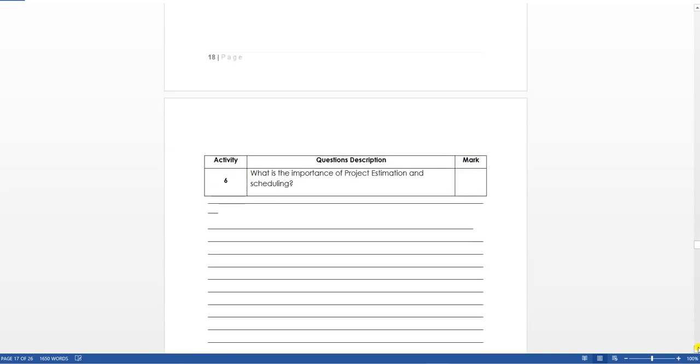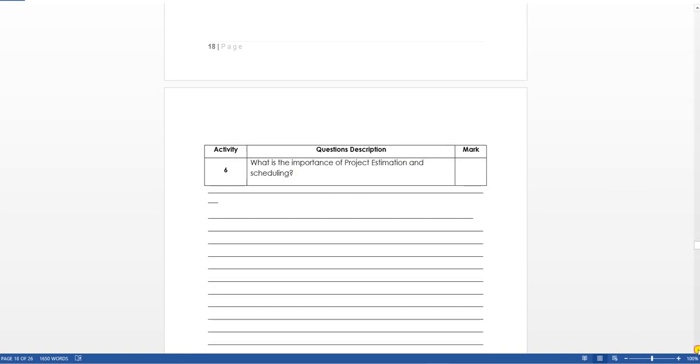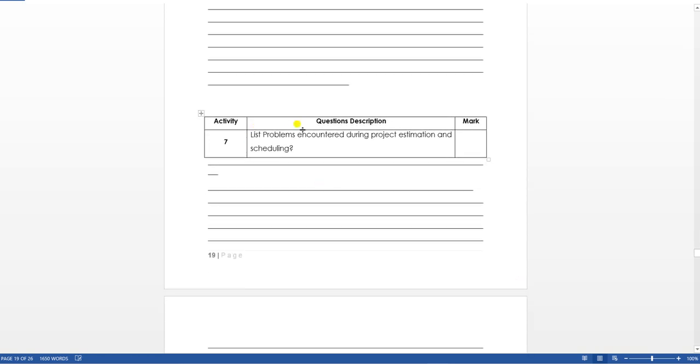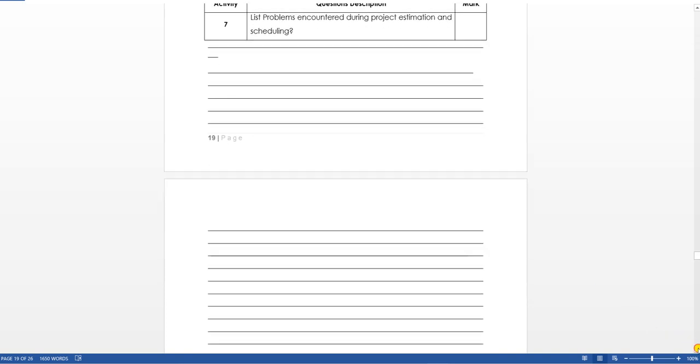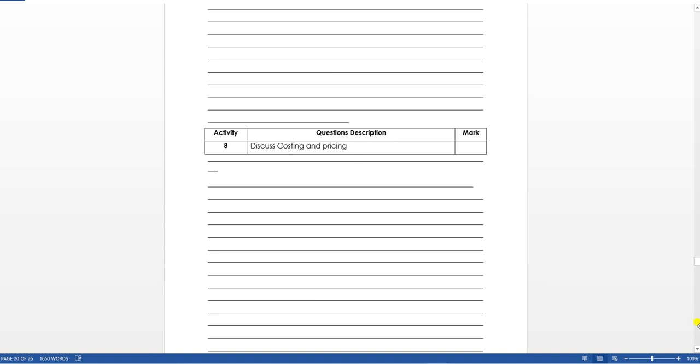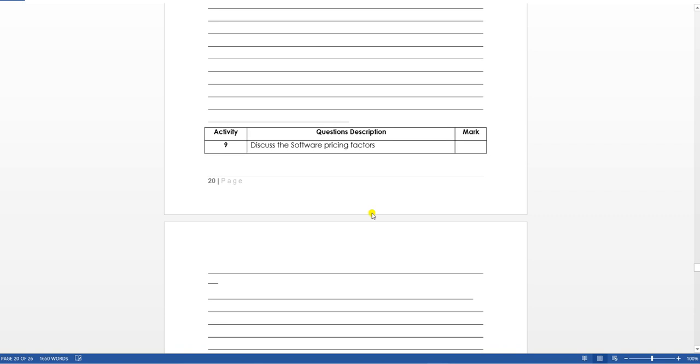And activity 6, what is the importance of project estimation and scheduling? And activity 7, you need to list problems encountered during project estimation and scheduling. And activity 8, you need to discuss costing and pricing. That's for activity 8. And activity 9, you need to discuss the software pricing factors.